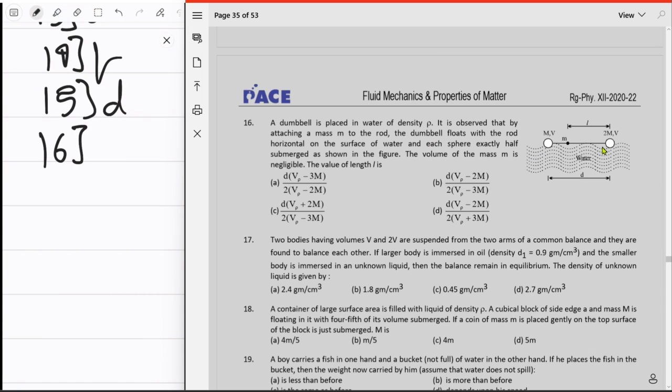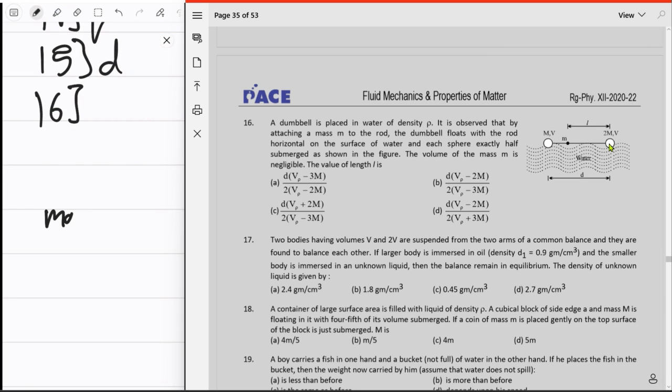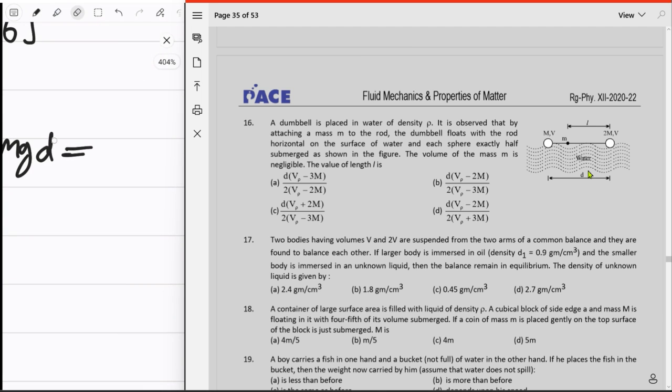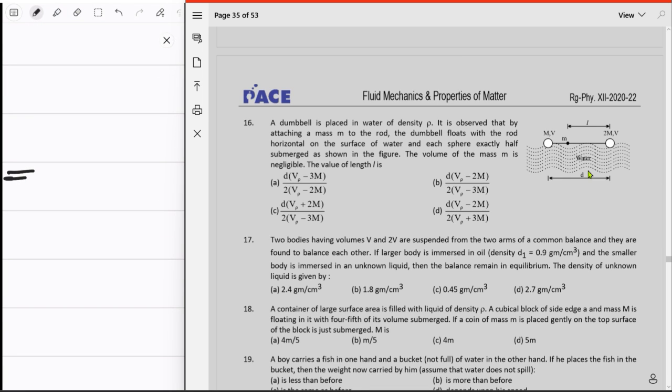So let's do the torque about this point. Mg times d, that's the torque over there, and then there's this upward force, right? It's equal to, oh, it's not d, it's L, sorry. So mgL is equal to capital Mg downwards, and what else do you have?